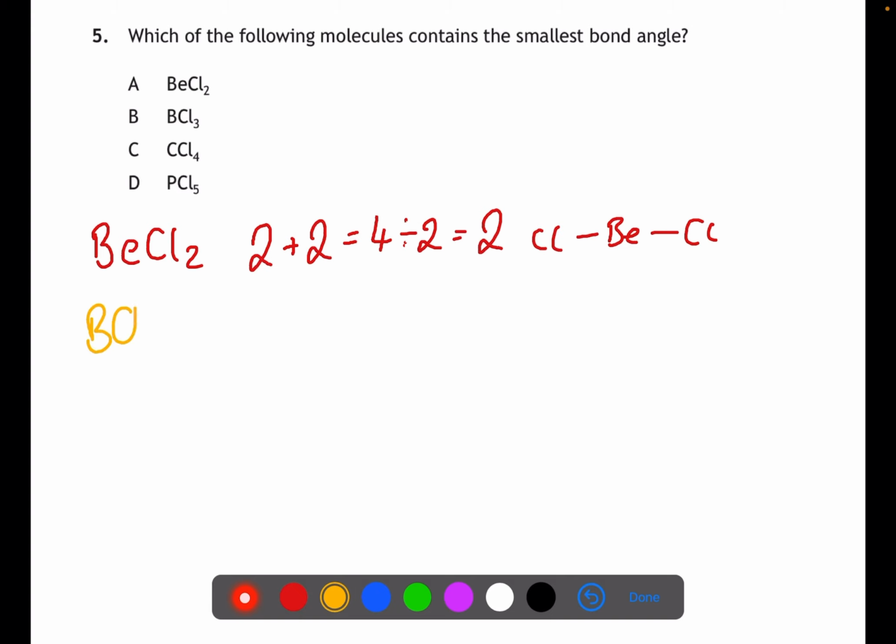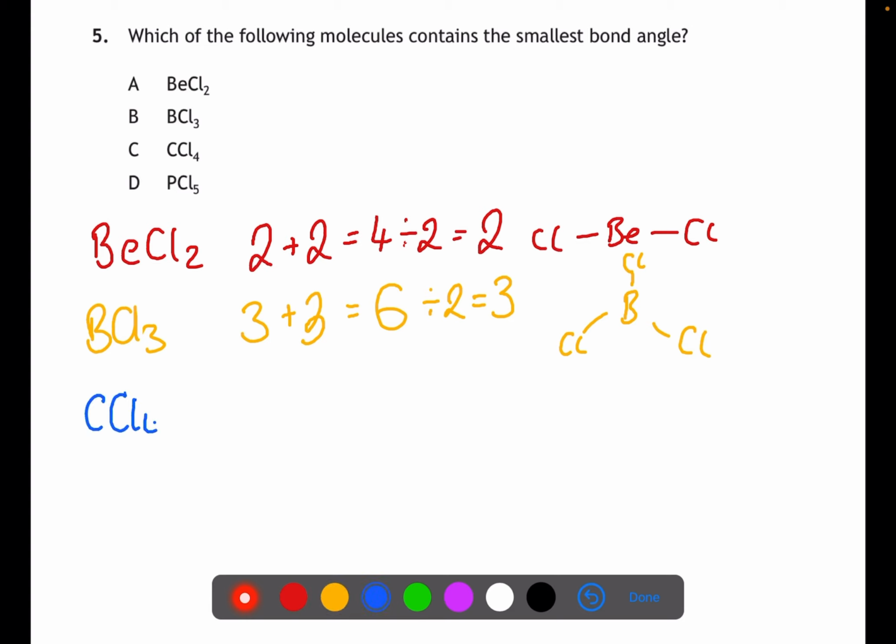If we look at BCl3, we have 3 electrons on the boron plus 3 chlorines to give 6. We then divide by 2 to find the number of electron pairs, which is 3, and there are no lone pairs on this one. This means we would have a trigonal planar arrangement.